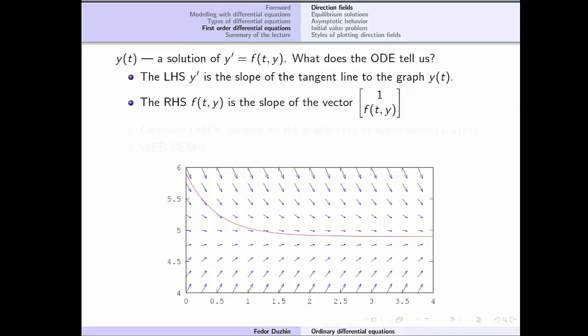So here, if the x component is 1 and the y component is f, then the y component divided by the x component is precisely f of t, y. So in other words, the differential equation tells us that the direction field is tangent to the graph of the solution at every point.